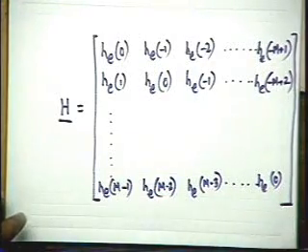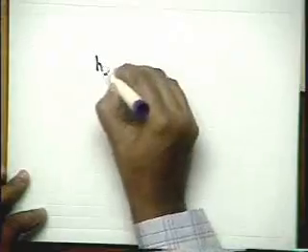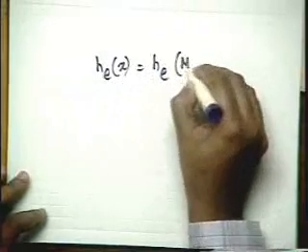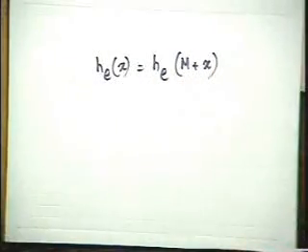Now, since we are taking samples of this h function, basically we have taken capital M number of samples. So naturally it is going to be periodic with a period equal to capital M. So we can straight away write the property that h_e(x) must be equal to h_e(M plus x), always.